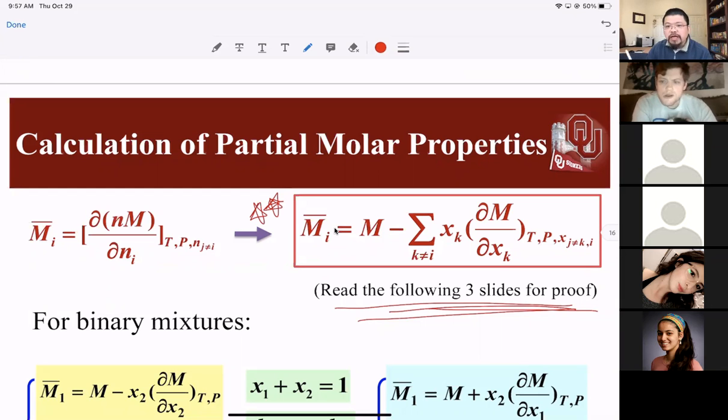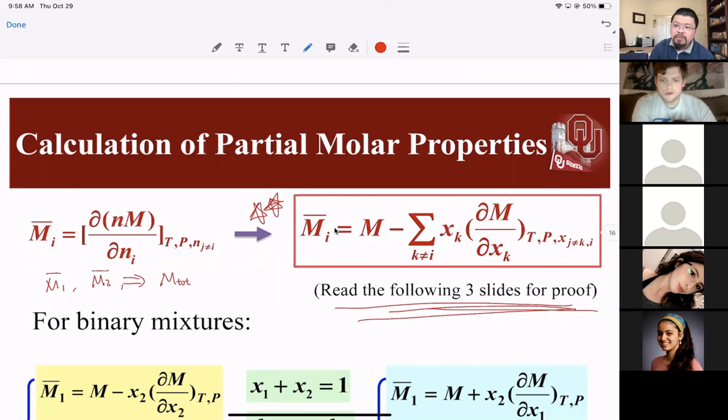So here is, now I need to have this M1. If I'm using the binary system as the example, I need to have the M1 partial, right? I need to have M2 partial so that I can understand what is my M of the mixture or M total to avoid the confusion.